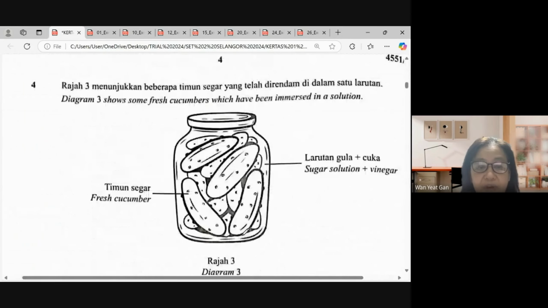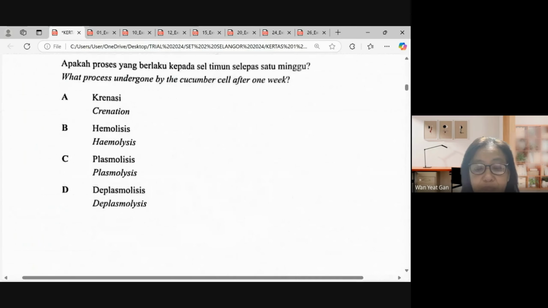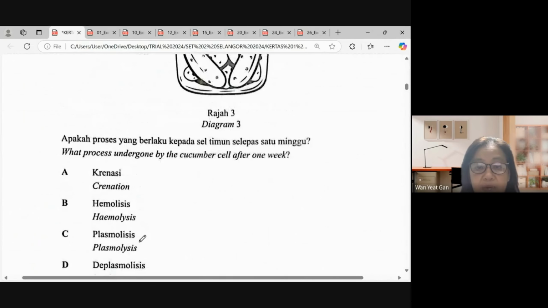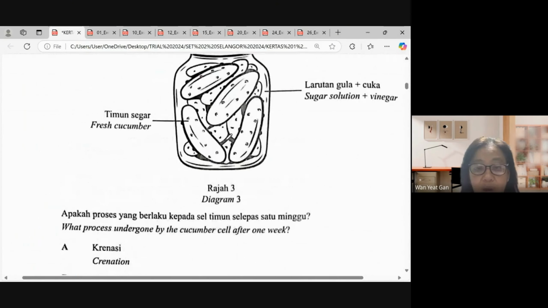So normally we use vinegar, we use sugar solution. So the cucumber cell will plasmolyze after 1 week because the water inside the cucumber cell diffuses out by osmosis into the solution, because the solution outside is hypertonic to the cucumber cell.